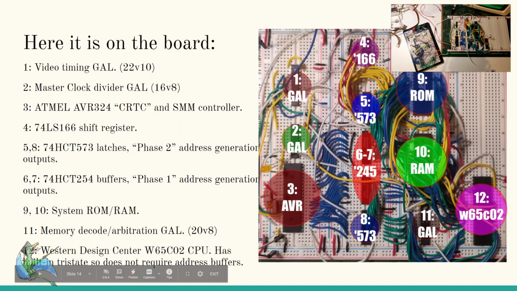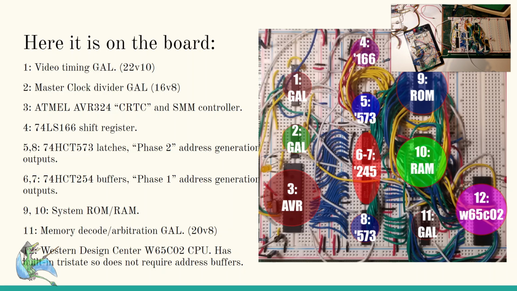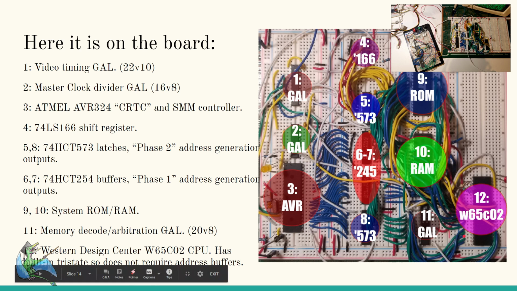And here is our CPU. We actually have a 6502 CPU wired up. This is the modern, still manufactured Western Design Center 6502 version. Older CPUs would have required the same buffer arrangements to tri-state the 6502, so it wouldn't be the bus master all of the time.